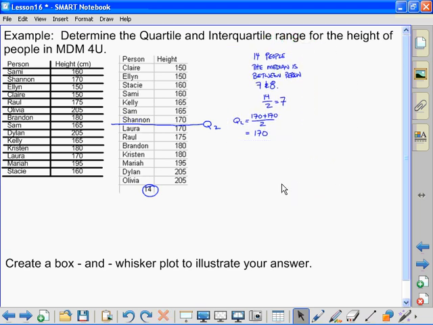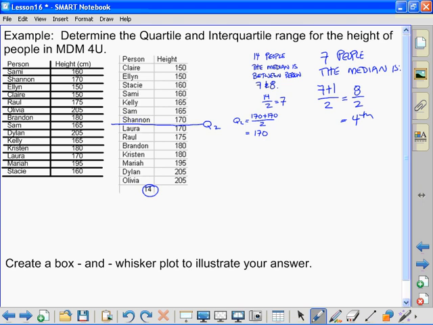So now I have 7 people, so the median is, and here's the trick, if you add 1 to it, so 7 plus 1 divided by 2, that's 8 over 2, which is equal to 4. So it's the 4th person is the median.